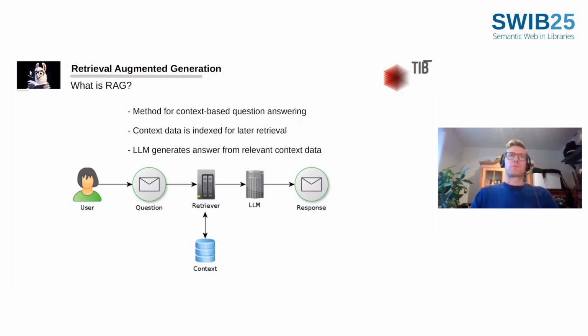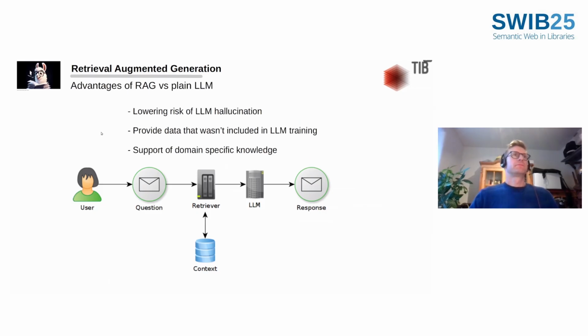Then we provide the question together with the context data to the large language model to generate an answer out of it. So the LLM does not have to rely on the data it is trained on. It can use external data then. The pros of this approach is that we have a lower risk of hallucination in LLMs.